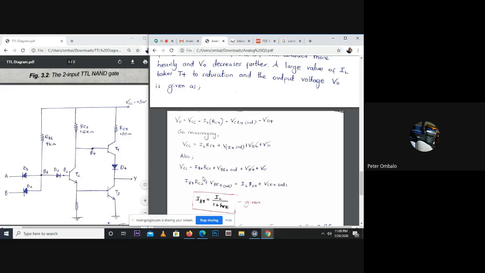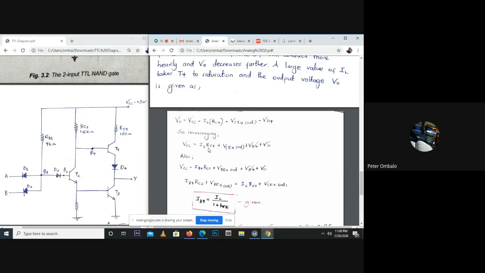If you look at these two formulas, we have considered two paths: the first through the collector of transistor T4, and the second through the base of transistor T4. You realize the last two terms are the same, so we can cancel them out and compare the remaining ones.